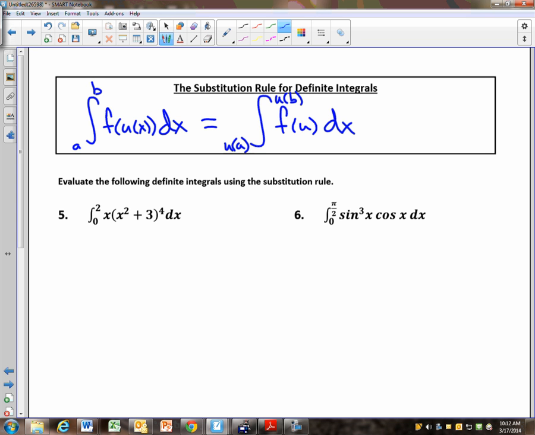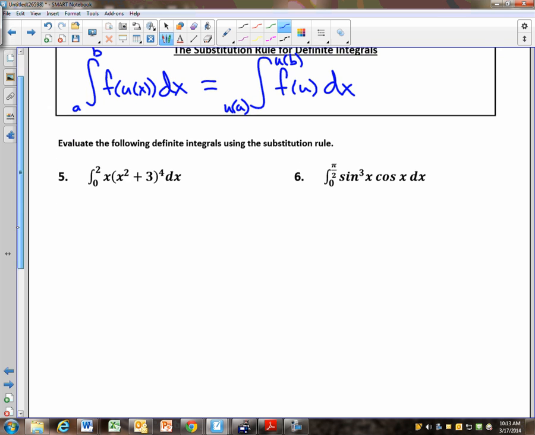You can just work with u. If you find out what u of a is and what u of b is, so if we simply change the bounds, we can work with u as opposed to x. And it actually provides a little bit of a shortcut.